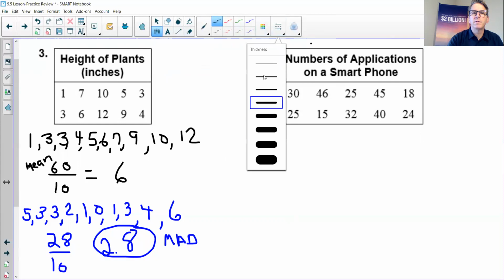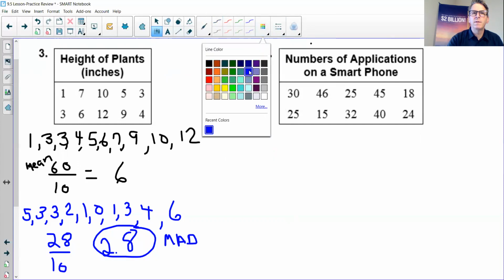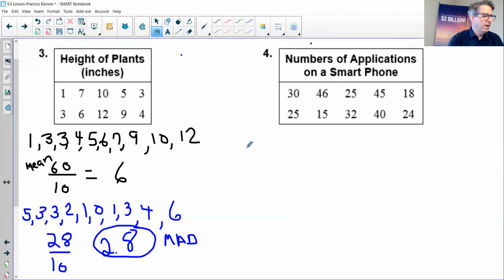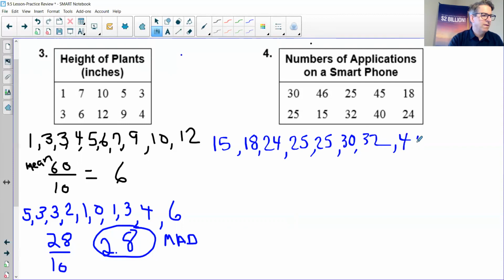Okay, so 15 applications, 18, 24, 25, 25, 30, 32, 40, 45, and 46.